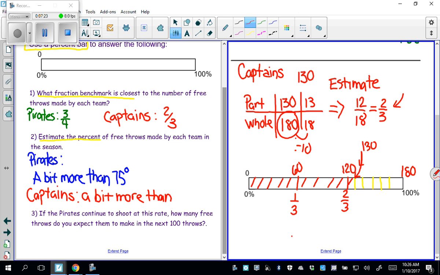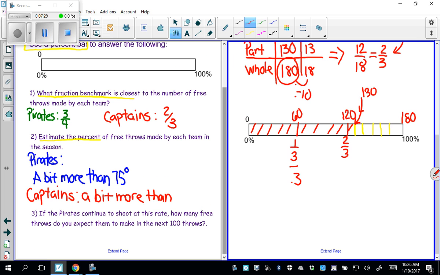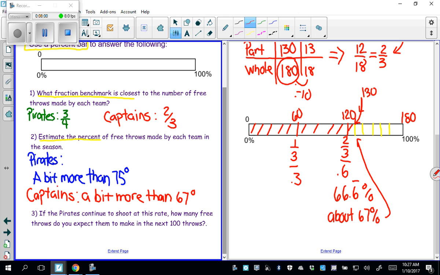Remember our benchmark fractions, the decimal's 0.3 repeating, this one's 0.6 repeating, so the percent is about 66 and it repeats. So we would say about 67% for that, a little more than 66. You can say a bit more than 66 or 67%.